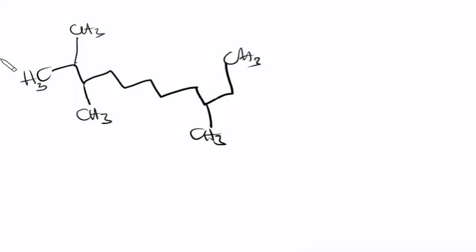And this is looking almost similar to the initial diagram, but let's see. I have CH3, and I have this, and I have this. So this is CH3, this is CH3, this is CH3, okay.